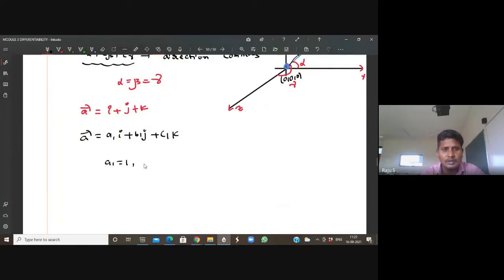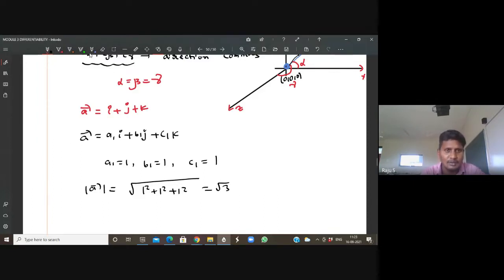a1 is equal to 1, b1 is equal to 1, c1 is equal to 1. Next, the magnitude of vector A is root over 1 square plus 1 square plus 1 square, that is root 3. Now next, cos alpha, cos beta, cos gamma.